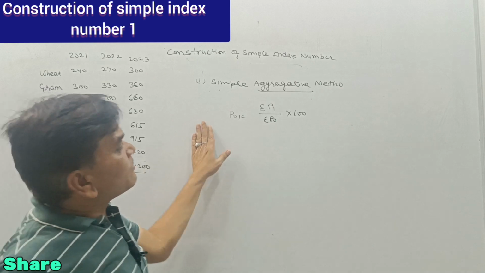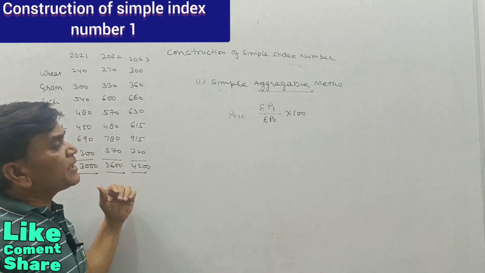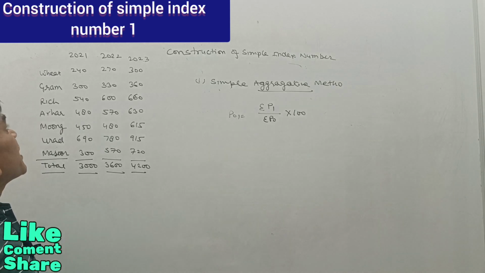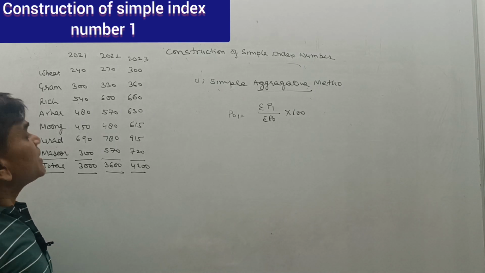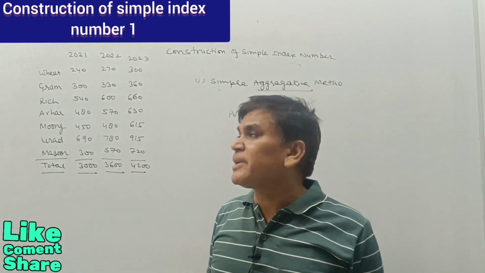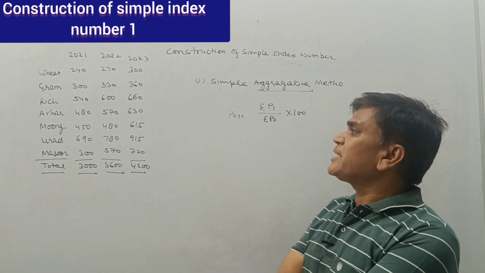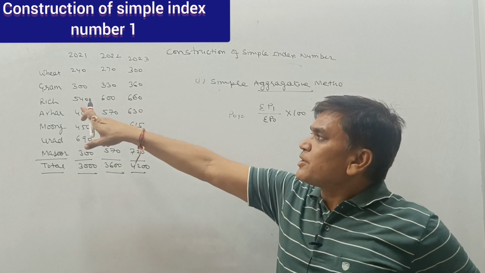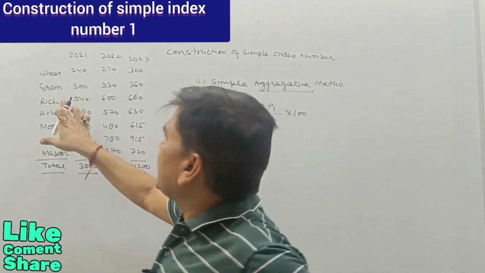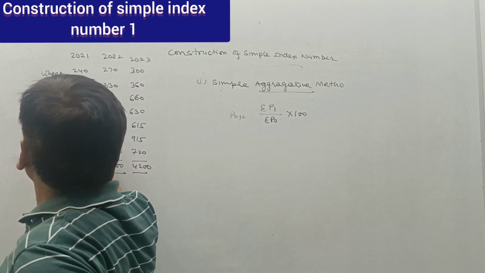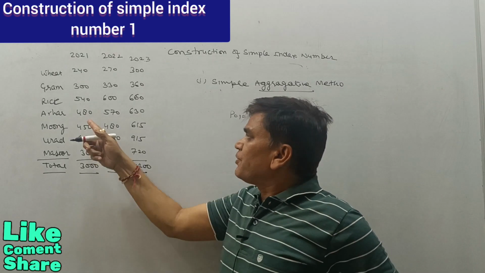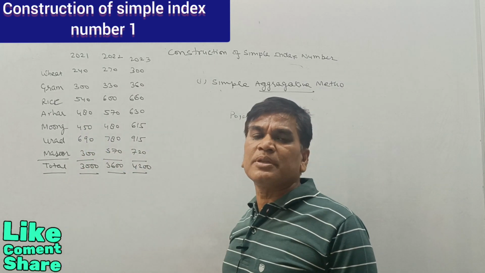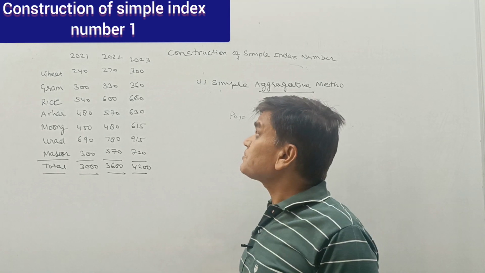To solve this index number, I have taken an example. Here the price of wheat per quintal is given. In 2021 the price per quintal of wheat is 240, gram is 300 rupees, rice is 540, arhar 480, and moong, urad, masoor prices per quintal are given.